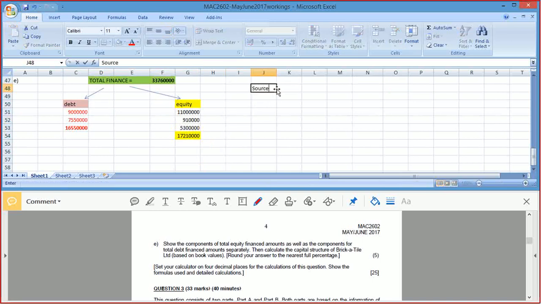So, sources of finance. Obviously you've got different sources, so I need to list them all. Let's start with debts, and then equity.